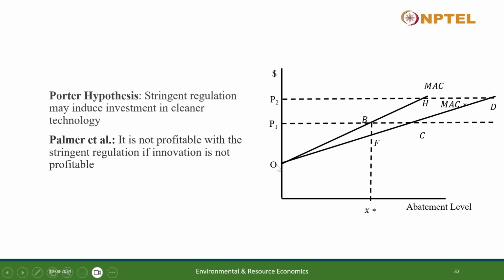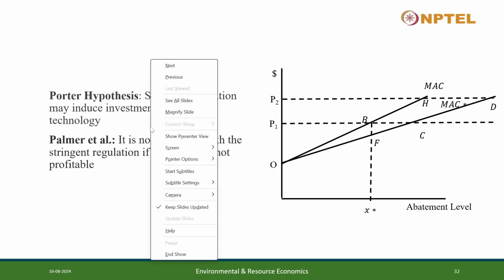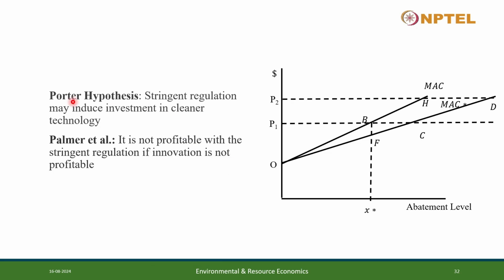So this is the one which challenges the Porter hypothesis. The Porter hypothesis said that stringent regulation will lead to investment in cleaner technology. I invest from MA to MA star. However, my profit without investment is more than with investment. This is proved by Palmer et al.